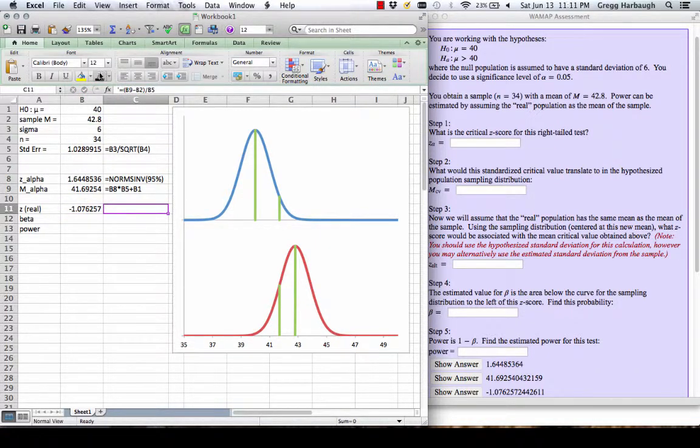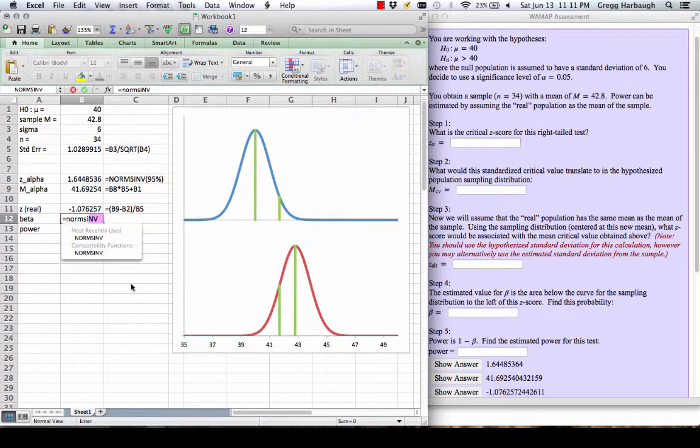That has a z-score of negative 1.076 and change. The probability of selecting this score is NORM.S.DIST, which turns out to be a little over 14%. Power is 1 minus this value.